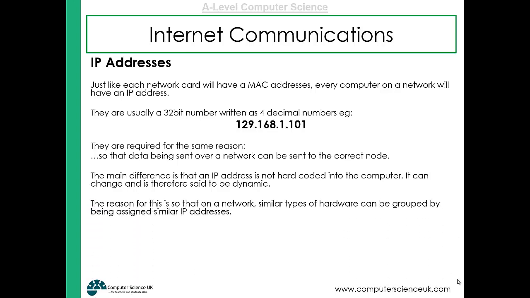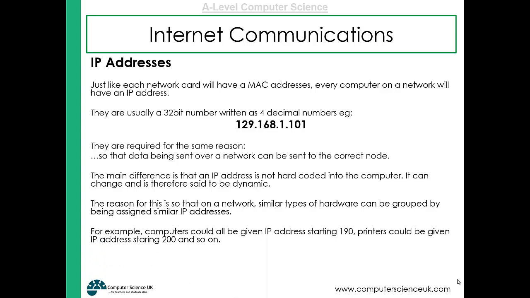The reason for this is so that on a network, similar types of hardware can be grouped together by being given similar IP addresses. For example, all computers on a particular network could be given an IP address starting 190, and printers could be given an IP address starting 200, and so on. This means that different types of devices can be more easily managed on a network.